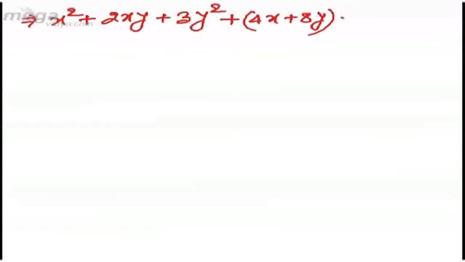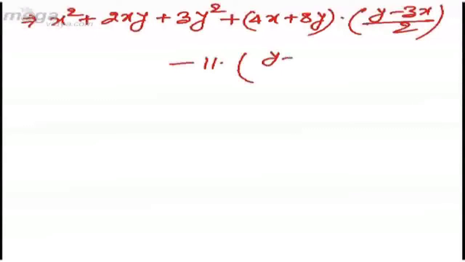So we'll write here y minus 3x upon 2 minus 11 into y minus 3x upon 2 whole square is equal to 0. Now we will simplify it. So what you will get after the simplification?